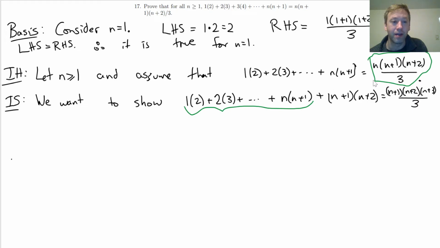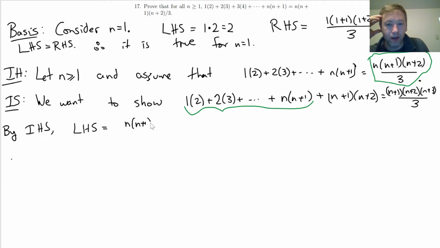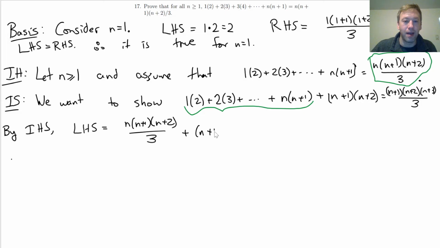It says that this sum is equal to this, and the sum I'm dealing with in the inductive step is the same sum, except with an extra term. So by the inductive hypothesis, the left-hand side can be replaced by n(n+1)(n+2) over 3 plus this (n+1)(n+2).